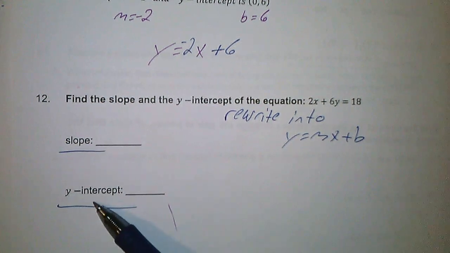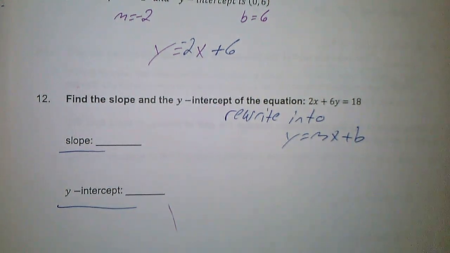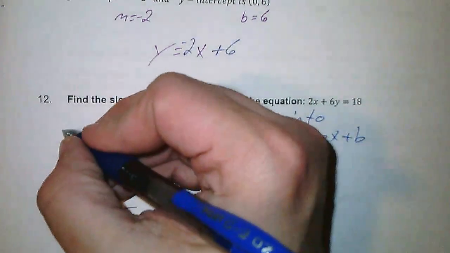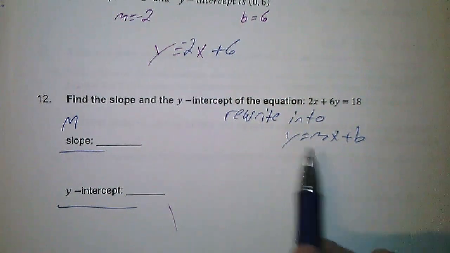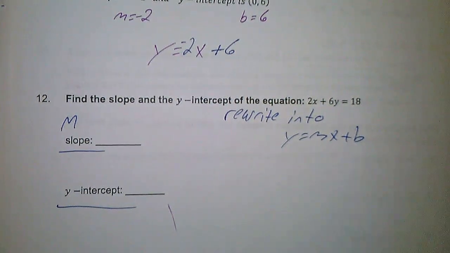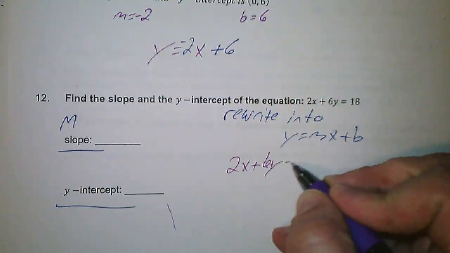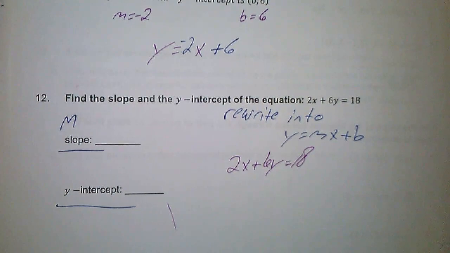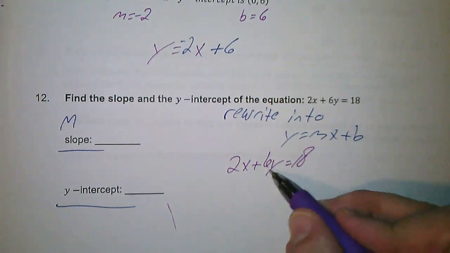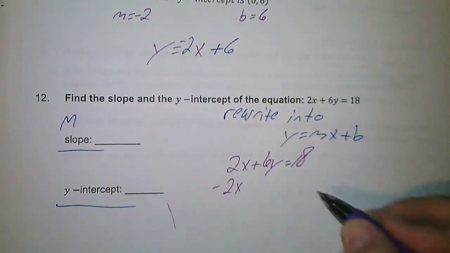It's asking for the y-intercept, but students will confuse the slope and the x-intercept. Slope is the m of our y equals mx plus b. So we need to take 2x plus 6y equals 18 and get y by itself.